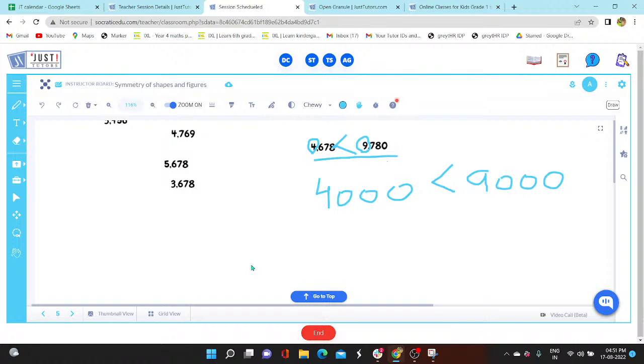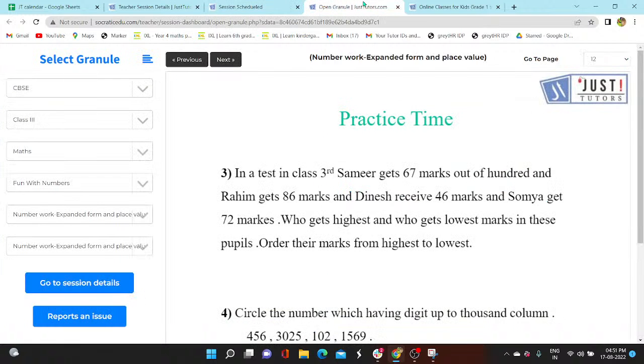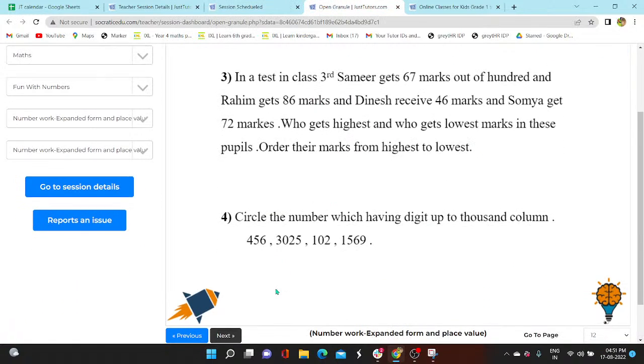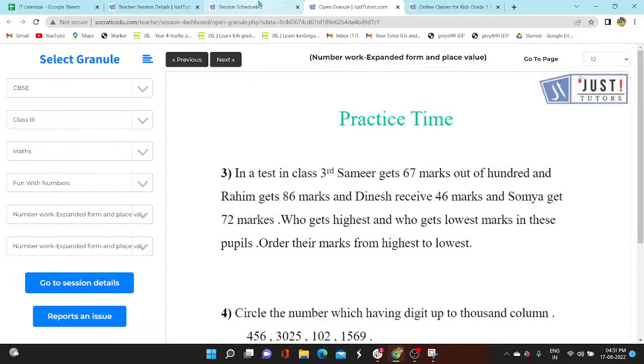This is what we have to learn about comparing numbers up to thousands. If you remember, in the previous math session we learned about comparing numbers up to hundreds. So this was comparing numbers up to thousands. Okay, so we have finished our 3 topics that we had to do today.